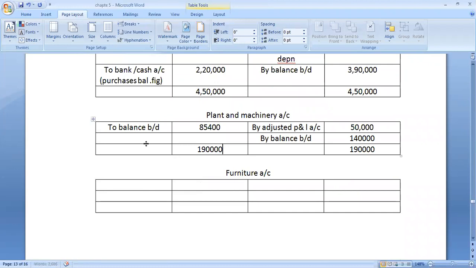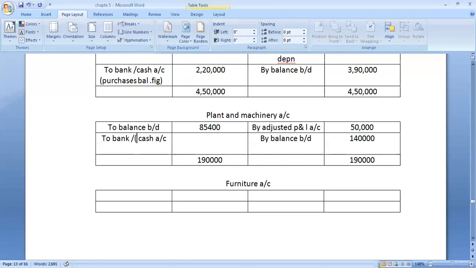As you got the difference in the debit side, it is an outflow of cash, which is indicating the purchases, bank or cash account. Make it as purchases balancing. Good. So what is the value of purchases? It is 1,04,600.